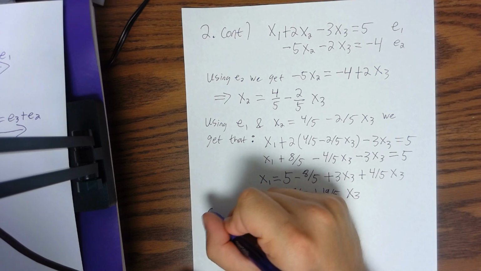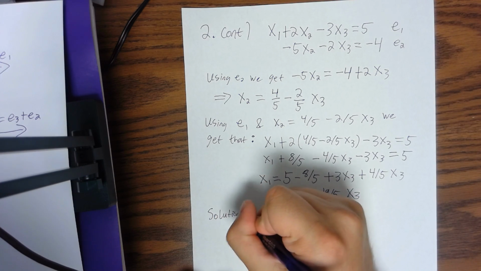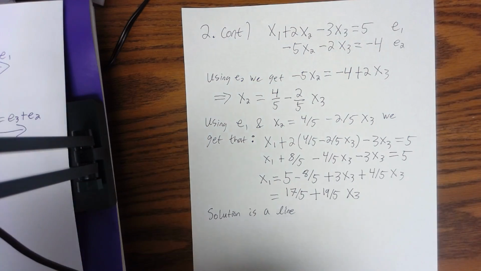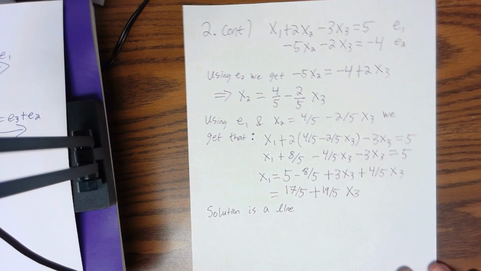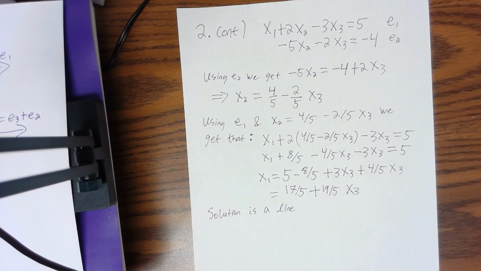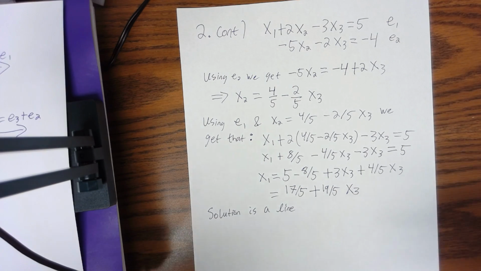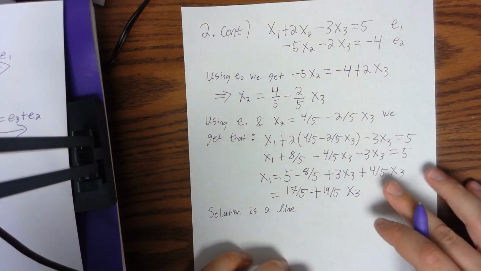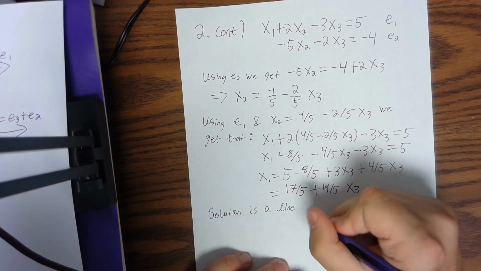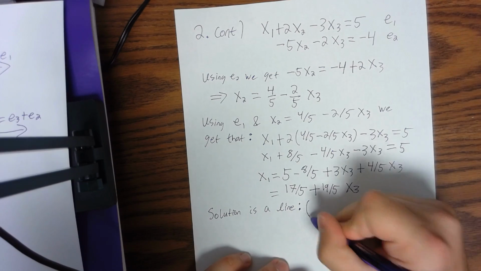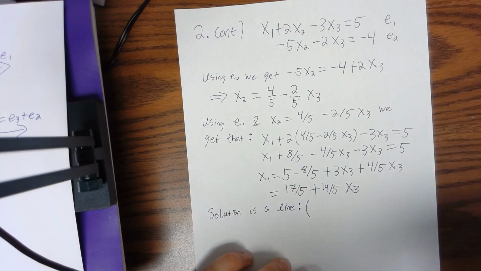Your solution is a line. And you can describe the line in terms of its x1, x2, and x3 coordinates, and you can actually do it in the following way. We're putting it in parametric form.